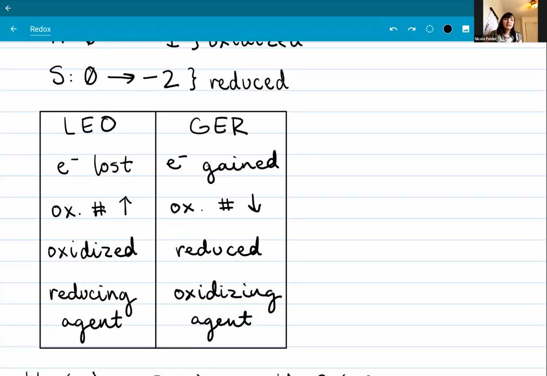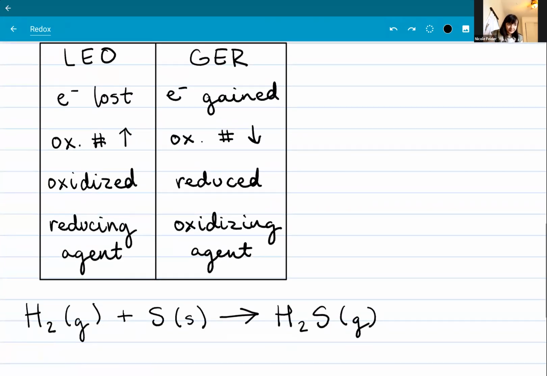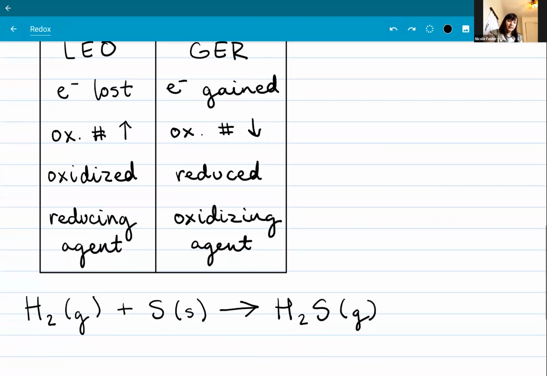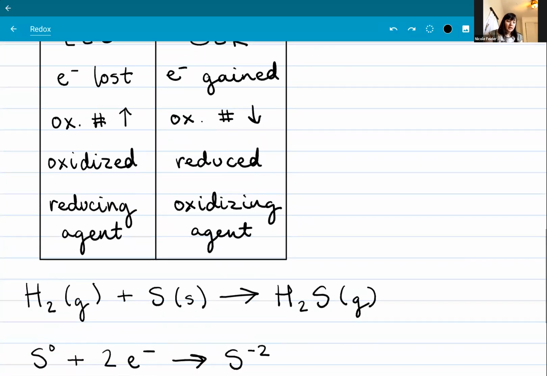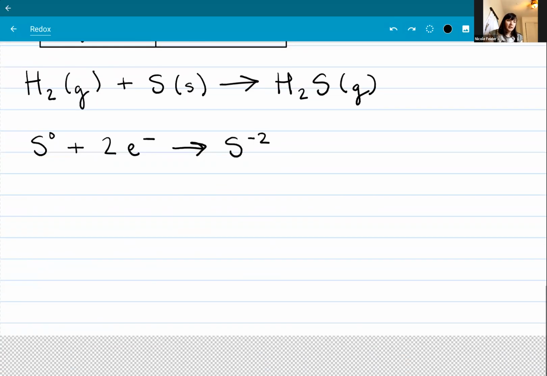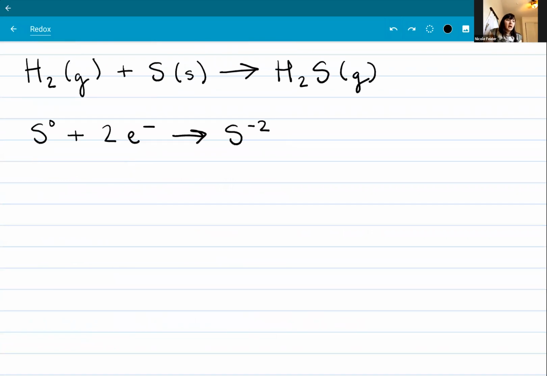Imagine we take the example reaction from before and break it up by atom. Like S with oxidation number 0 gains 2 electrons to form S with oxidation number -2. In the same vein, H2 neutral forms 2 H+ plus 1 and 2 electrons.